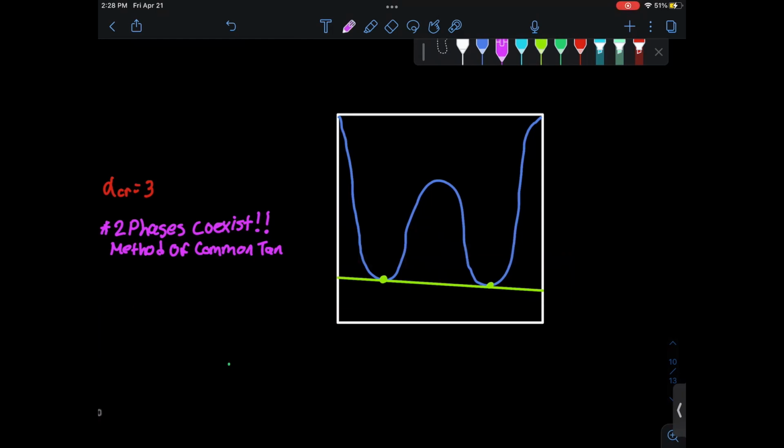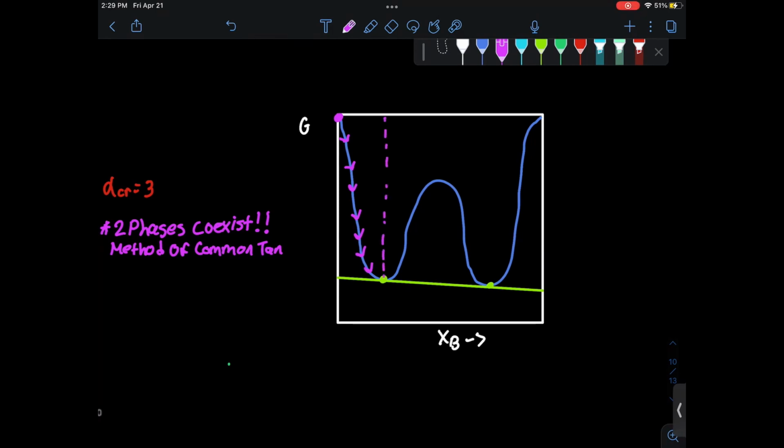Now, let's see what's going to happen as we add in more of one component. At the start, we have no B, and our Gibbs free energy is right here. When we start to add B, this lowers my Gibbs free energy until I get to some minimum point.